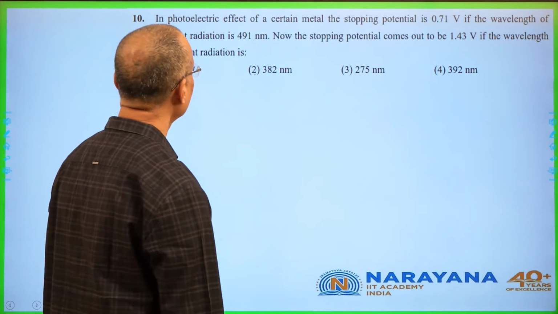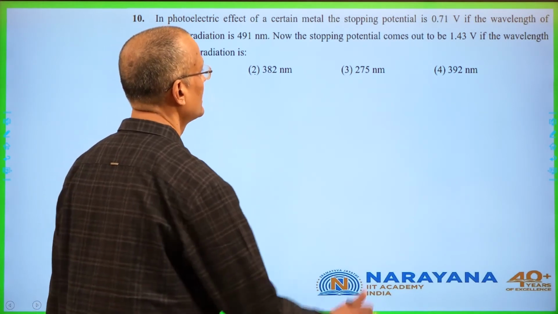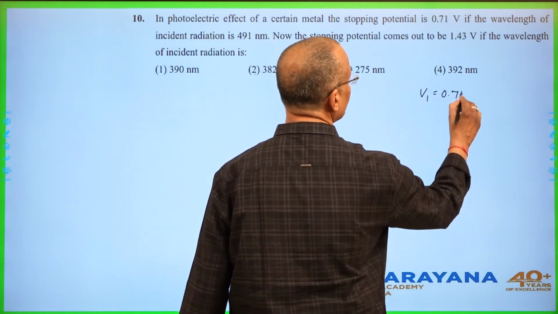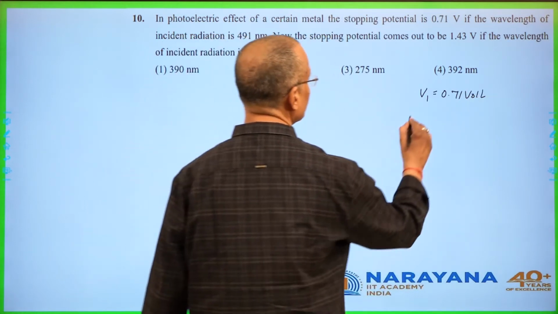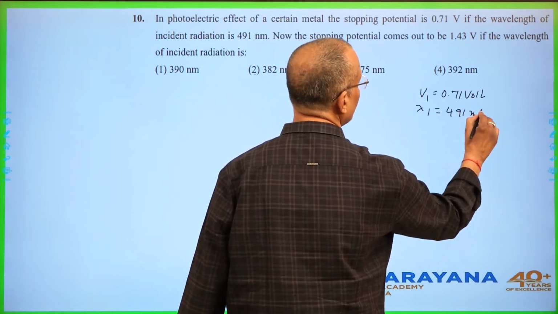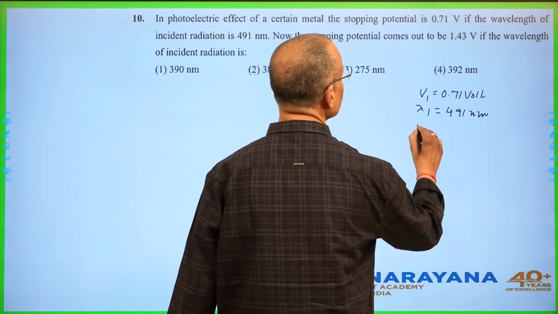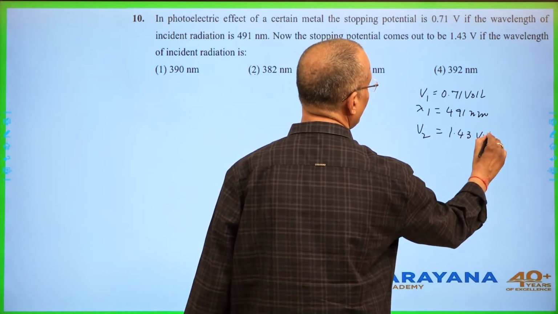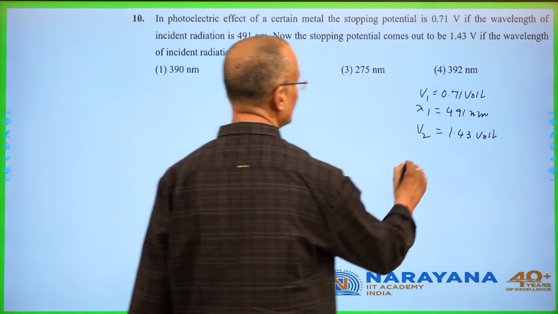In the photoelectric effect of a certain metal, first they have given you the stopping potential V1 as 0.71 volt if the wavelength of radiation is lambda 1, 491 nanometer. Now the stopping potential becomes V2, 1.43 volt, if the wavelength of incident radiation is lambda 2, which they are asking.